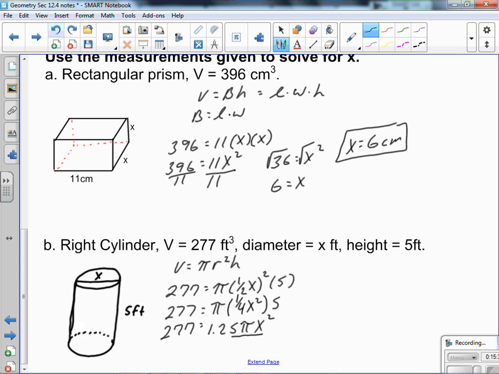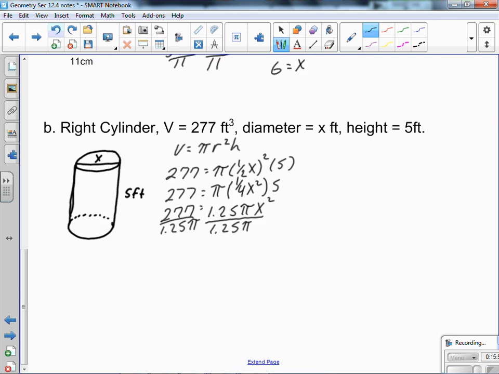And to get the x squared by itself, we can divide by 1.25 pi. And take 277, divide it by 1.25 pi. It's going to give us 70.537. Just taking it to 3 decimal places to give it a little bit of range for the final step here. 70.537 equals our x squared.